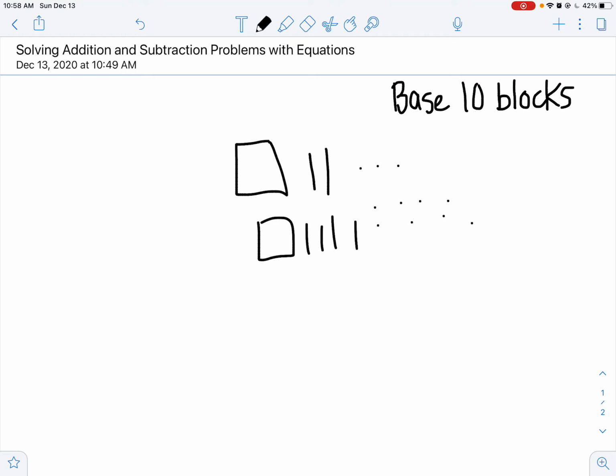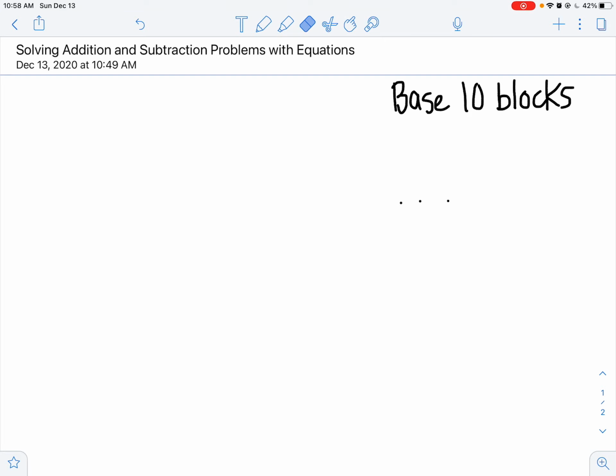Okay, that's one way. It works, it's accurate, but it's not very efficient. That means it takes a longer time because you're having to draw all of that out and then do a lot of counting. Okay? So we're going to start thinking about more efficient ways of solving addition and subtraction problems.